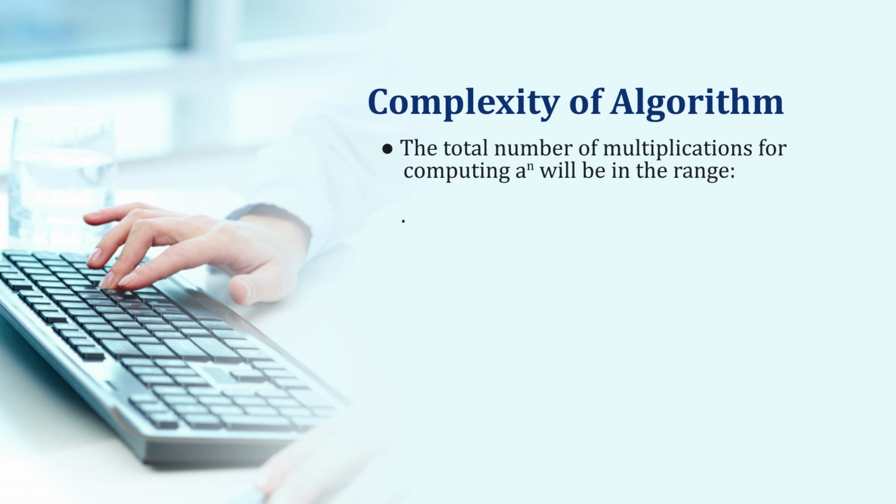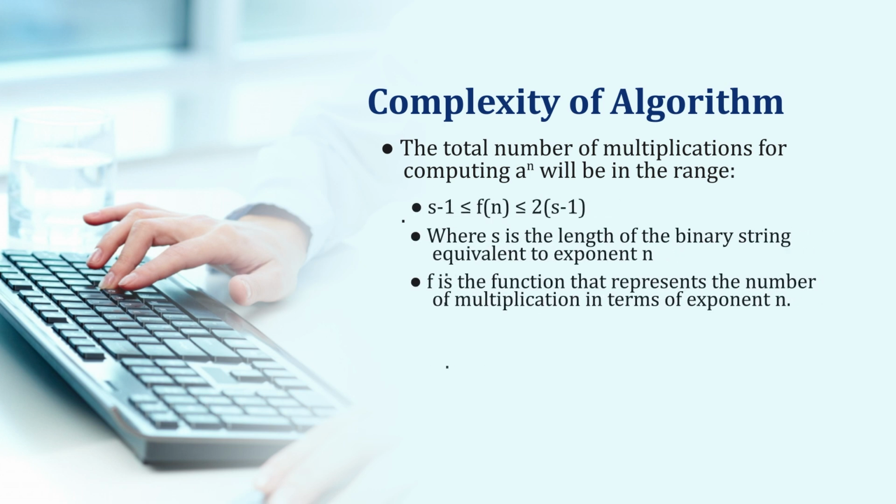So the total number of multiplications for computing a to the power n will be in the range s minus 1, which is less than or equal to the number of multiplications required by this algorithm, and this is less than twice s, because for the first value, a0, we are not doing any multiplication.